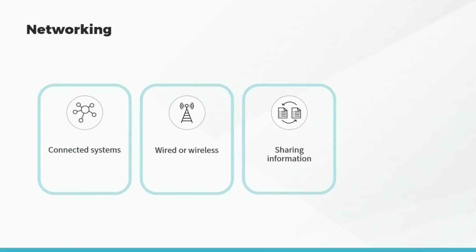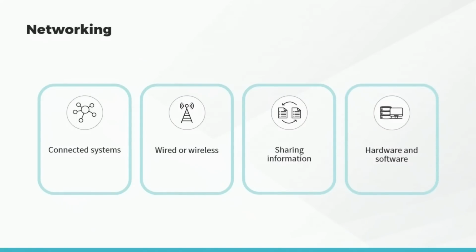Now, regardless of the type of network, they all require the proper hardware and software services to create the infrastructure that we use to take advantage of networking, which typically include routers, switches, cabling or wireless transmissions, and a variety of network services so that devices have the means to communicate in the first place.